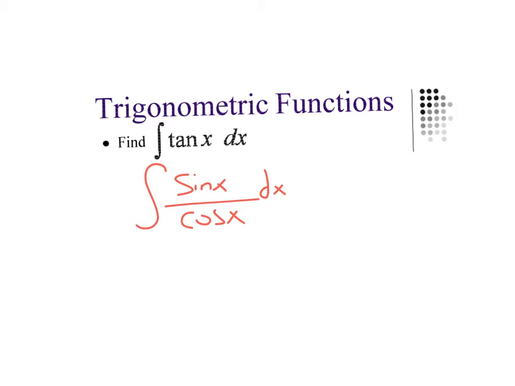You can then use u substitution, so u would be cosine of x, and then du is negative sine of x dx. Okay, so just remember we're taking the derivative here to get that. But then that means you're integrating 1 over u du.